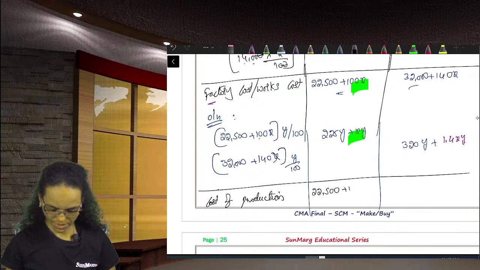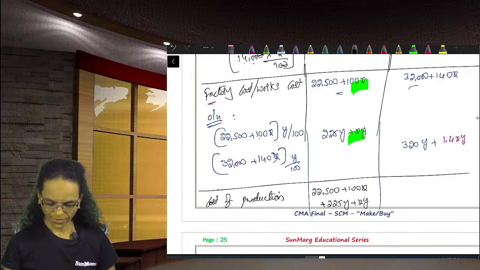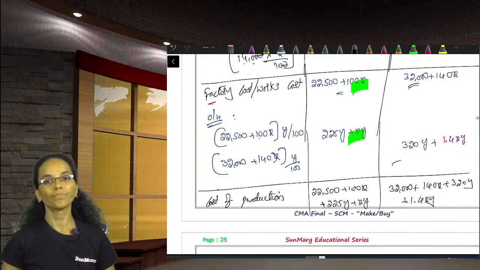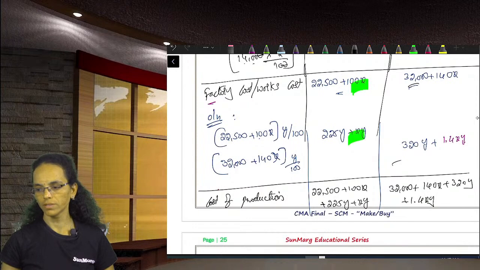22,500 plus 100x plus 225y plus xy. Here these two, 32,000 plus 140x plus 320y plus 1.4xy. This is the total cost.